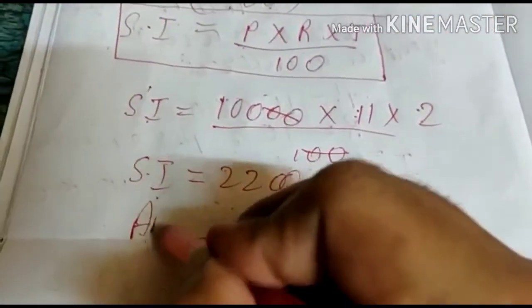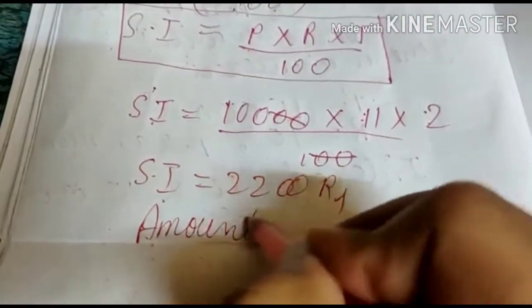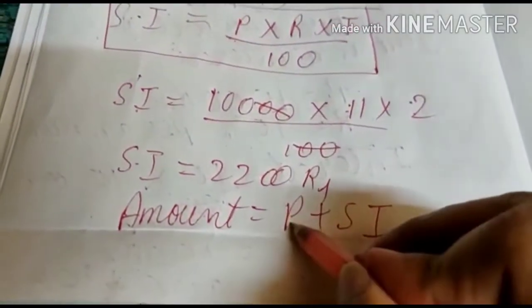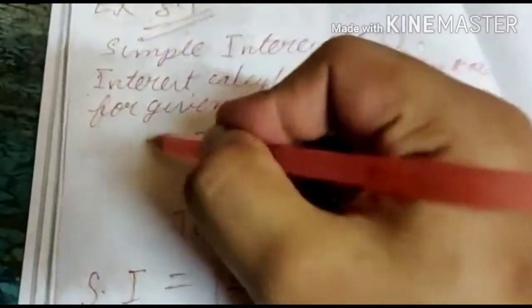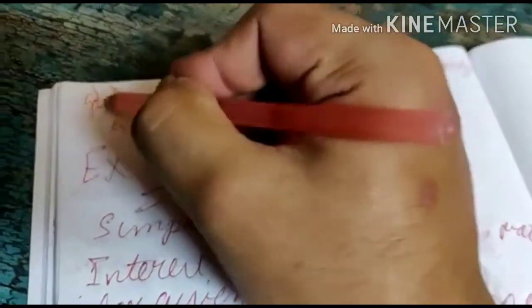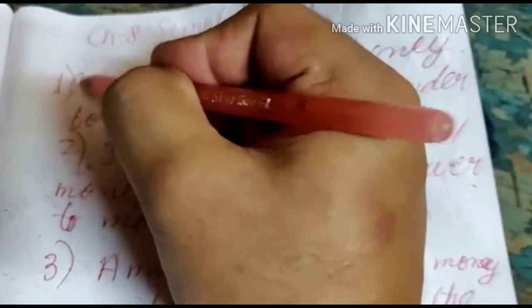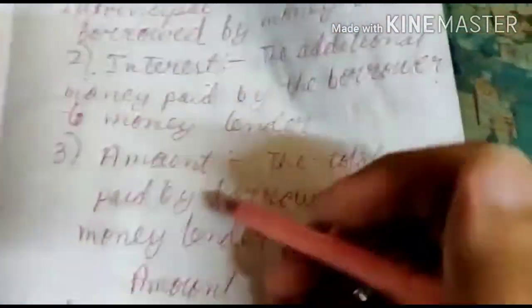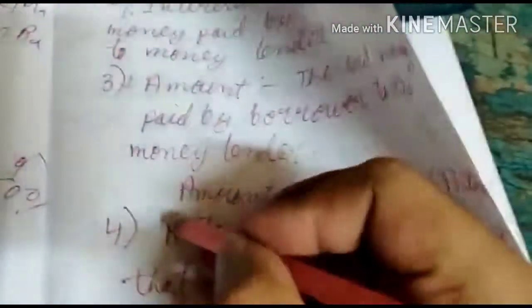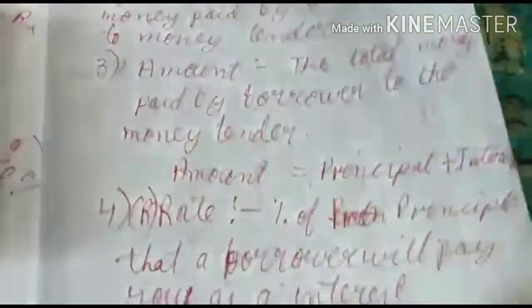And if we have to find the amount, amount is equal to P plus SI. P is principal, which can be written as P. This is R and this is T. Remember, this is T. This is amount.